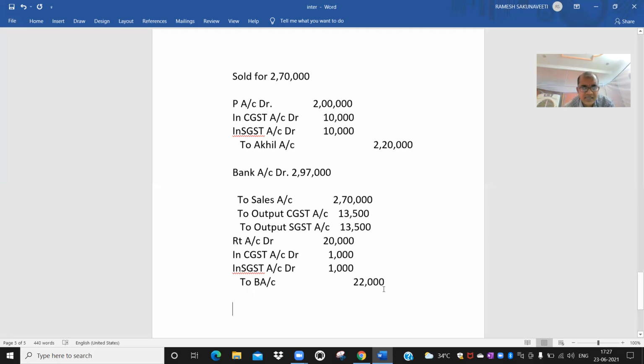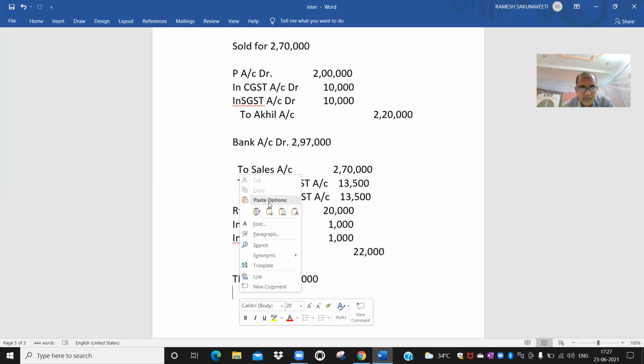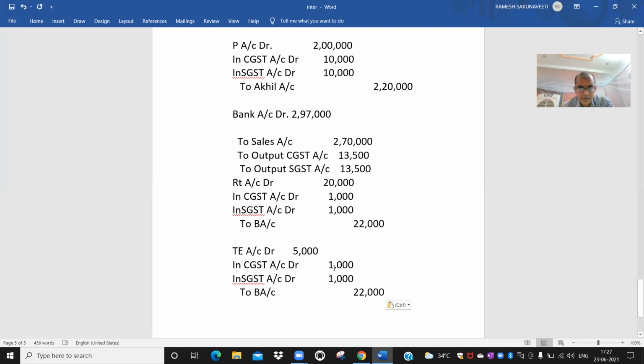This is the third transaction. What is the fourth transaction? Telephone expenses account debit, input CGST, input SGST. The amount is 5,000.